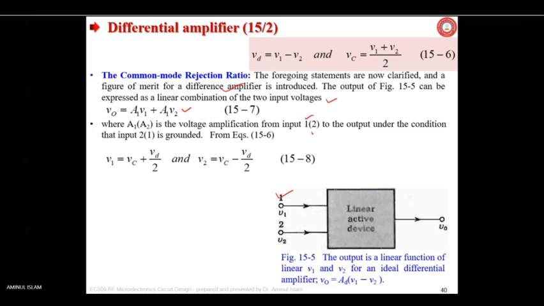And for node 2, V2 is there, so VO can be written in this way, where V1 equals VC plus VD by 2, and V2 equals VC minus VD by 2. We have seen earlier that it can be written.